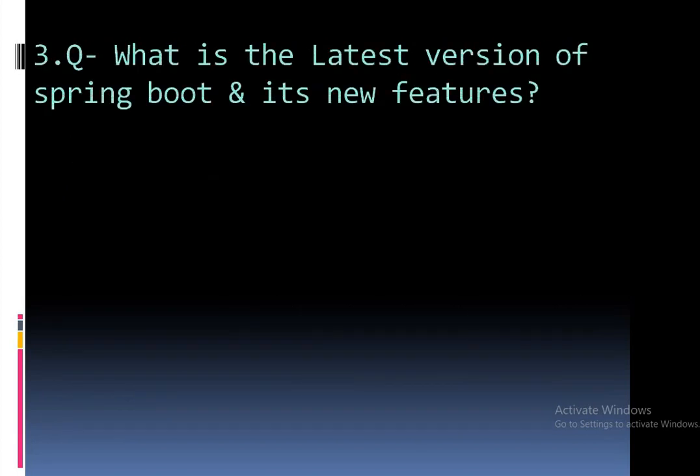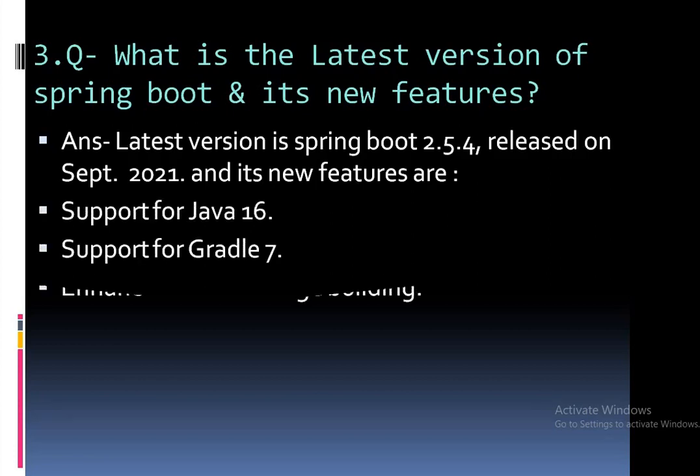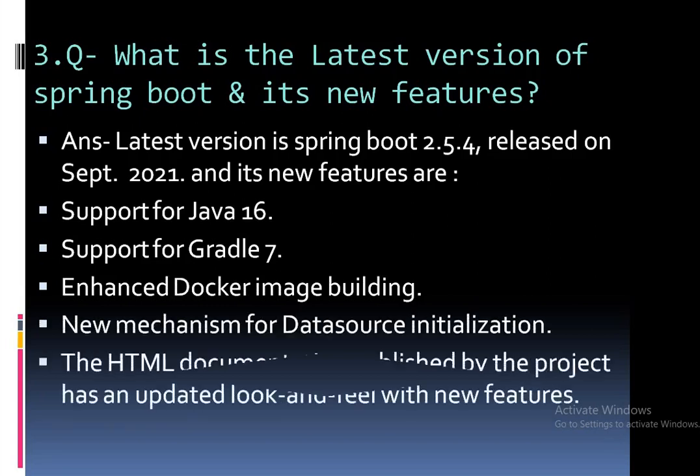What is the latest version of Spring Boot and its new features? As of today's date, the latest version of Spring Boot is 2.5.4, released in September 2021. The new features launched in this version include support for Java 16, support for Gradle 7, enhanced Docker image building, and a new mechanism for data source initialization.